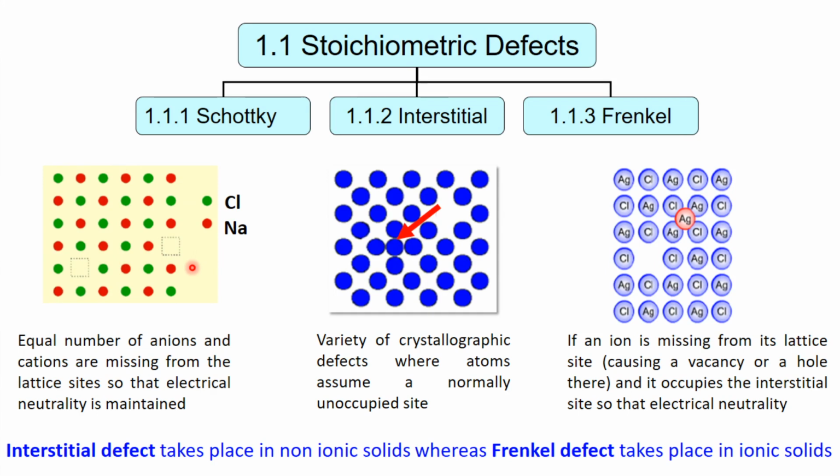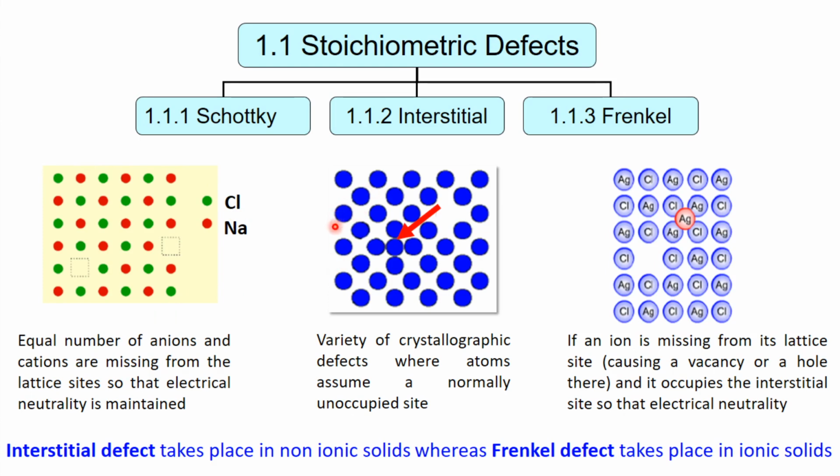So stoichiometry is not disturbed. That's why this Schottky defect is a stoichiometric defect. And as equal number of sodium and chlorine ions are missing, the whole crystal structure is neutral.